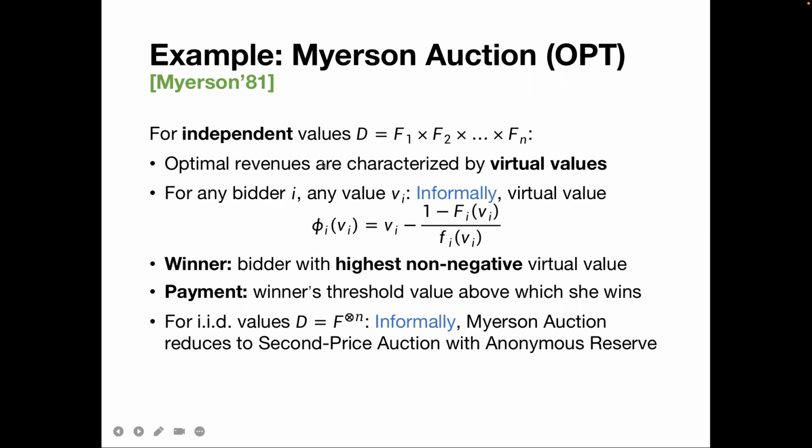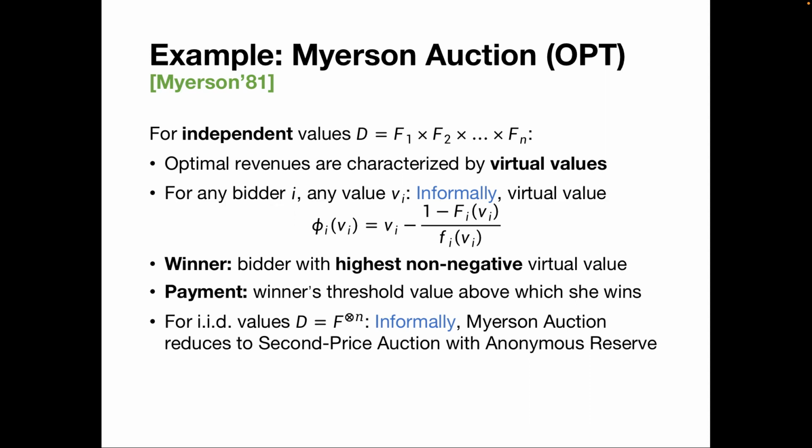Then using the reported values, the auctioneer will calculate the virtual values of every bidder, and the winner of this auction is exactly the bidder with the highest non-negative virtual value. And the payment of the winner is his or her threshold value for which they keep winning.